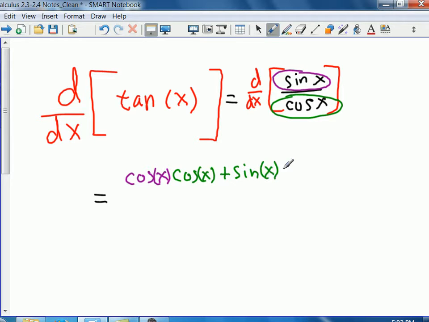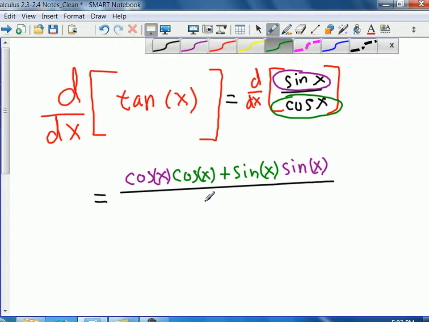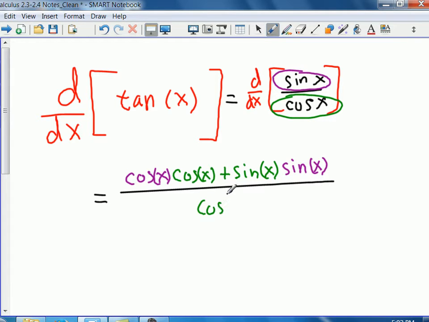Because I have a negative negative, times the top left alone, derivative of the top times the bottom minus derivative of the bottom times the top, all over the bottom squared, which is going to be cosine squared of x. This is the bottom all squared as one expression. Cosine of x squared. That's what this is right here.